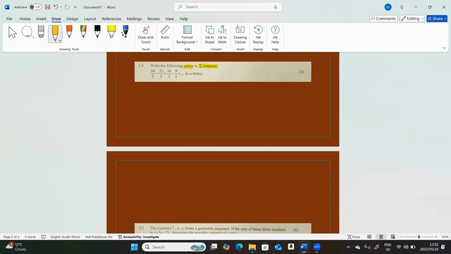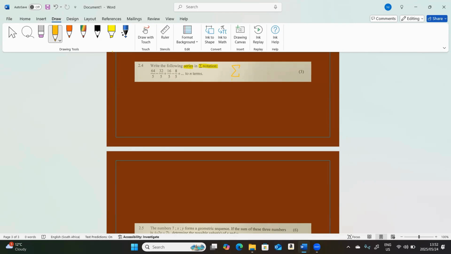So let me just do this for you. So this is sigma. This is how you would draw it in your paper. Okay, so that is sigma, right? Now we would start. They did not give me a limitation that we have to start adding up from the second term or whatever.